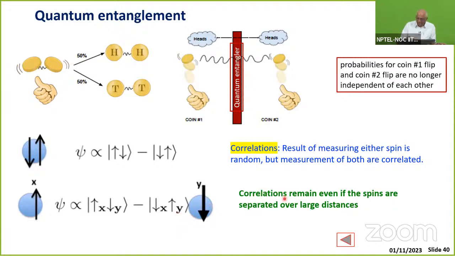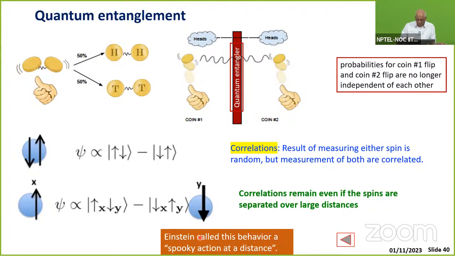The correlation remains even if the spins are separated over large distances. In other words, if this is spin up, the other one is spin down. The result of measuring either spin is random, but the measurements of both are correlated. So Einstein called this a behavior, a spooky action at a distance.